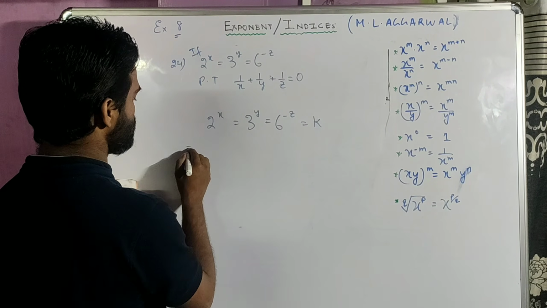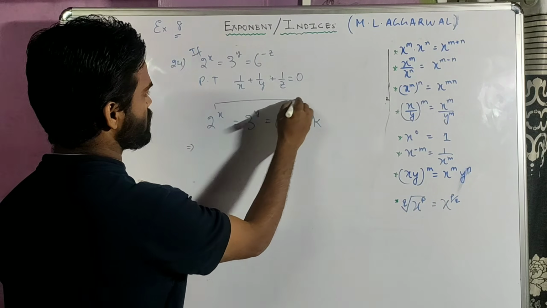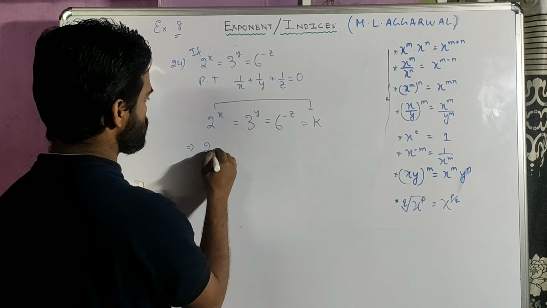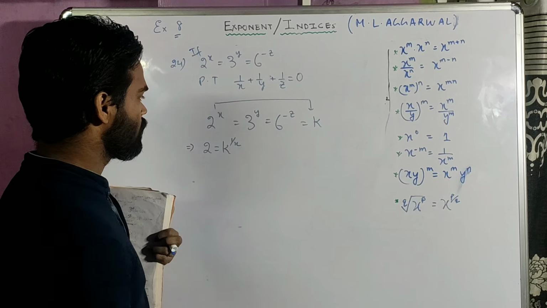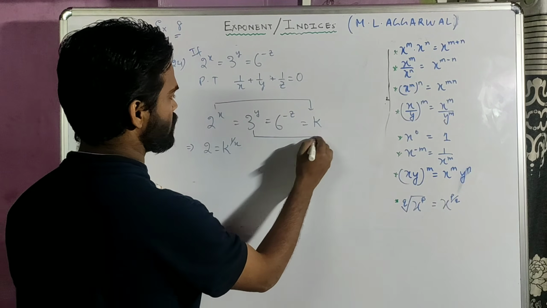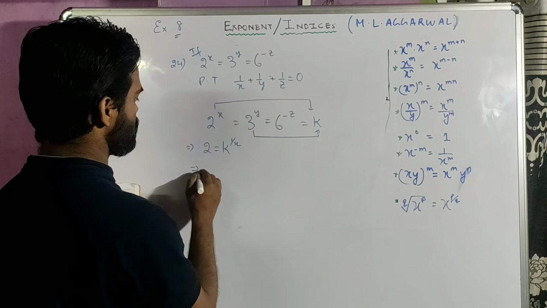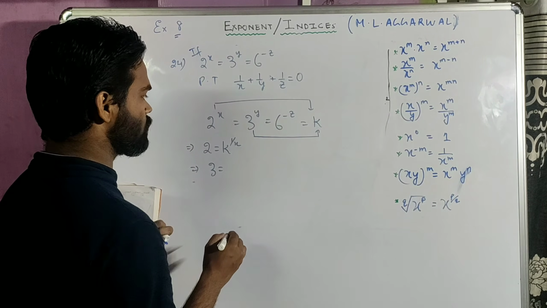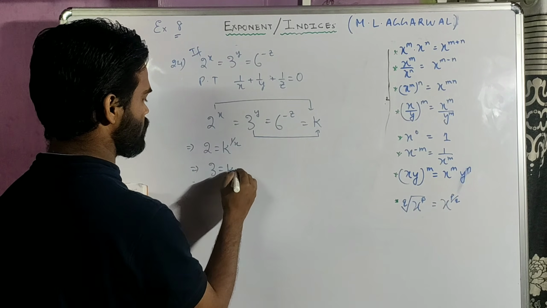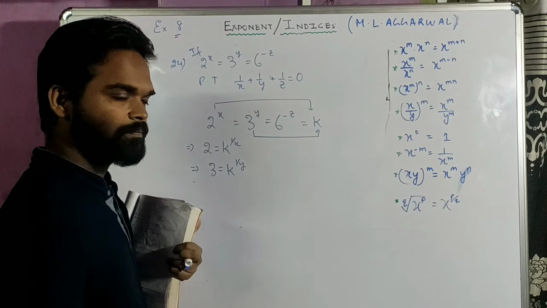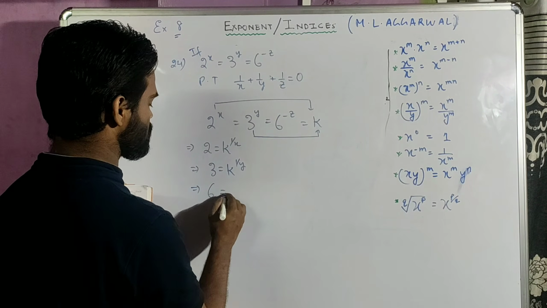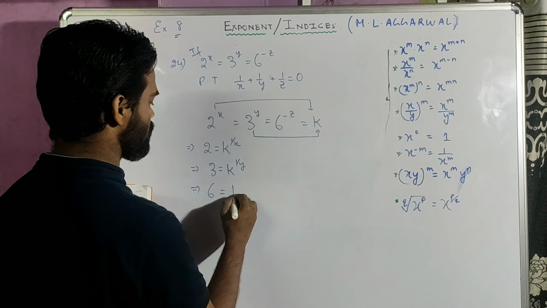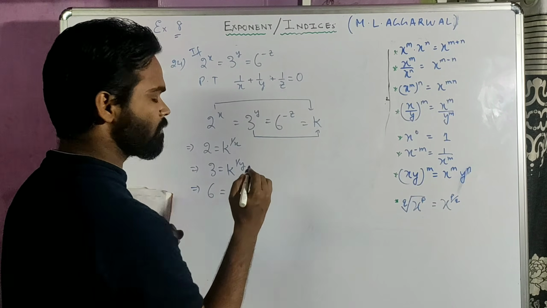Then I can write, equating this and this, 2 equals k to the power 1 by x. Okay, equating this and this, I can write 3 equals k to the power 1 by y. And equating these two, we can write 6 equals k to the power minus 1 by z.